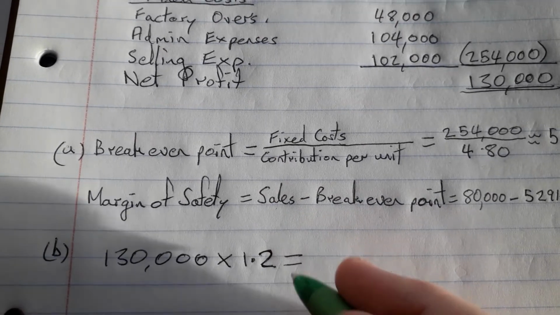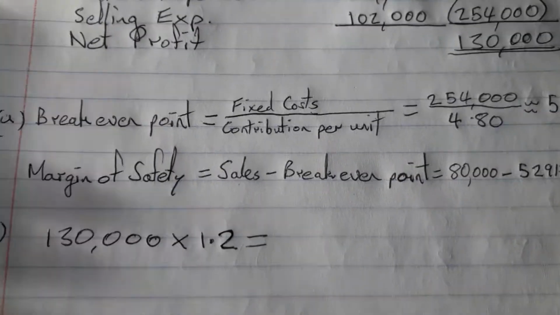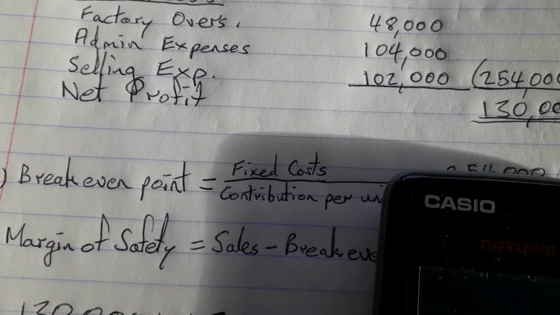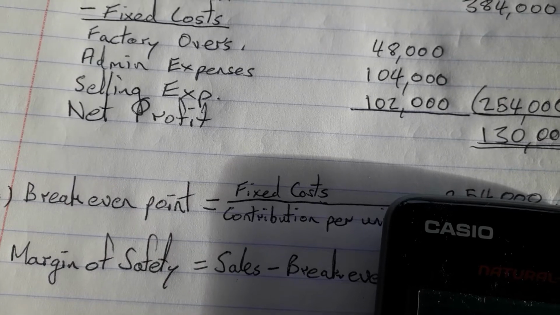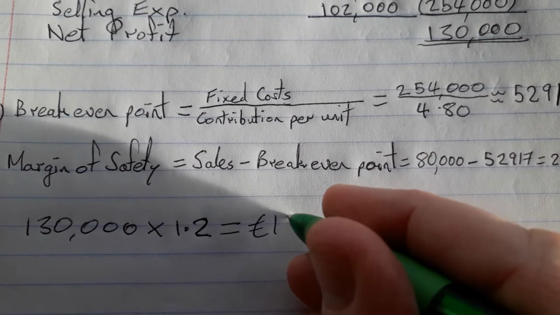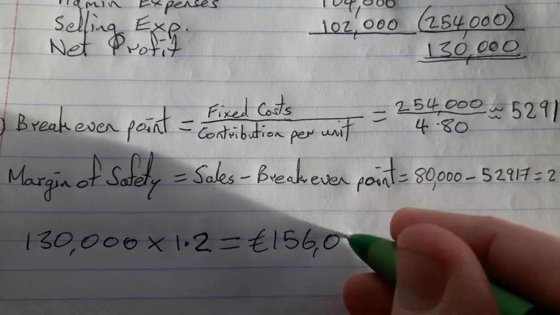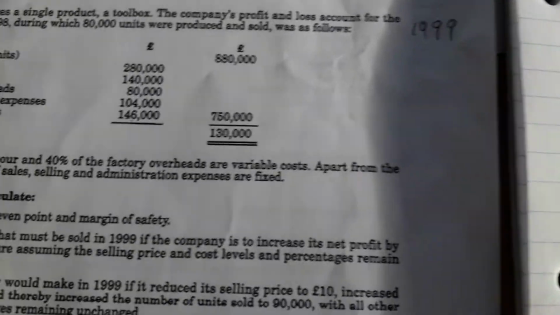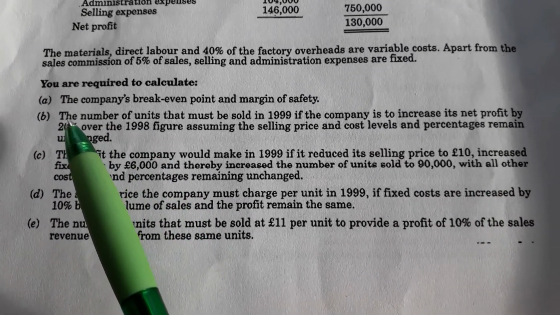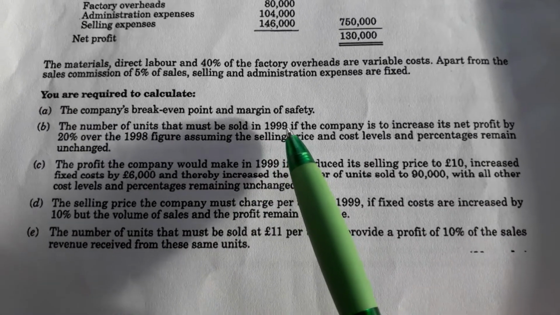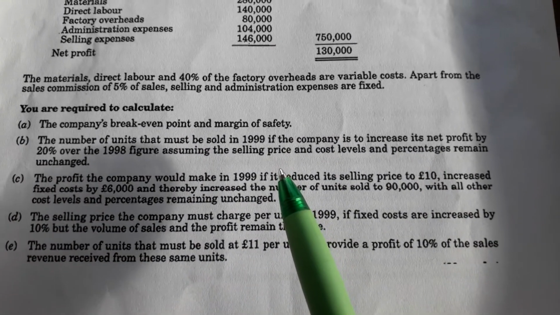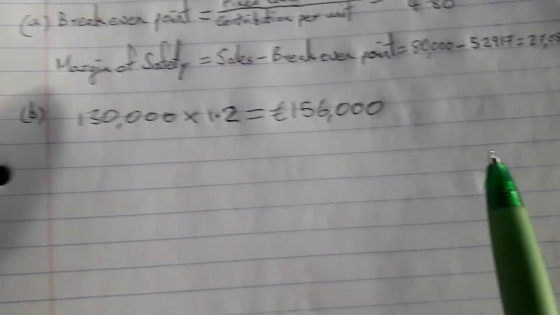So multiplying by 1.2, just get my calculator here, is 156,000. So then the question becomes, we've calculated what the net profit they're talking about is. So the question becomes, what's the number of units that must be sold if the company wants a net profit of 156,000? That's what they're really asking.